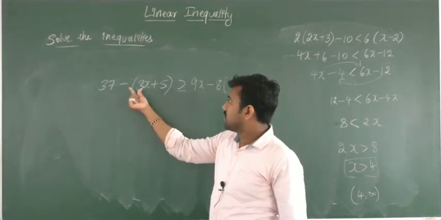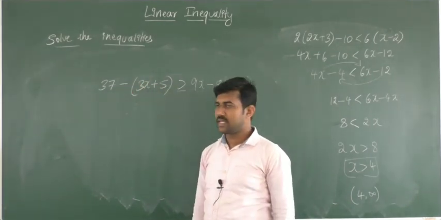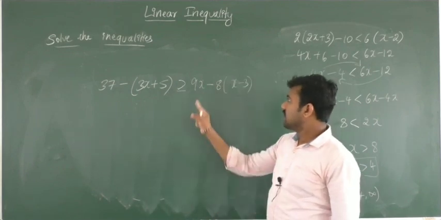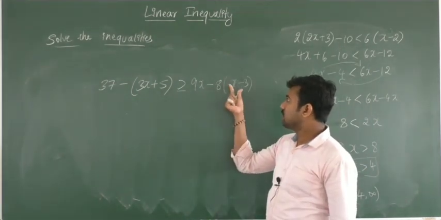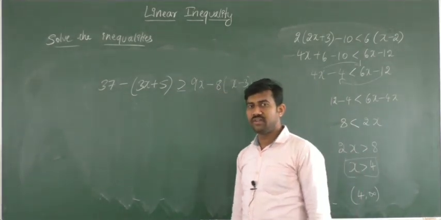So 37 minus into 3x minus 5, like that first you would write. And 9x minus 8 into x minus 8 into minus 3 plus 24, like that.